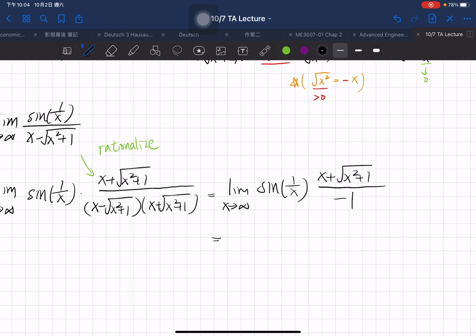And so what should we do now? If you plug in now, you will see that this sine goes to 0, and you times infinity, so we actually don't know what it goes to.